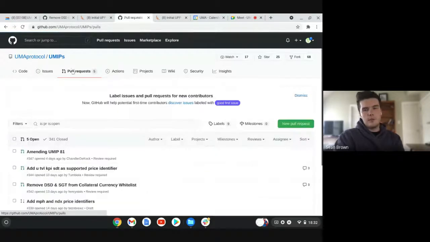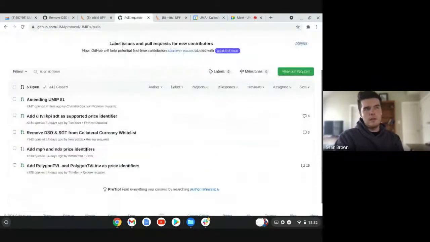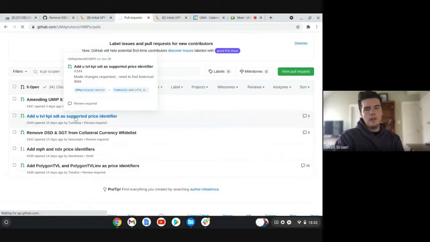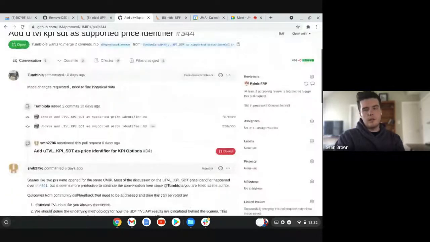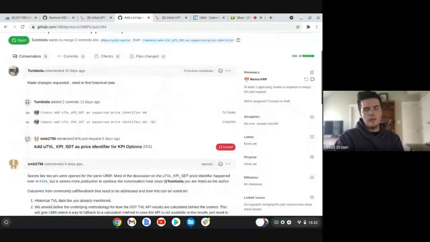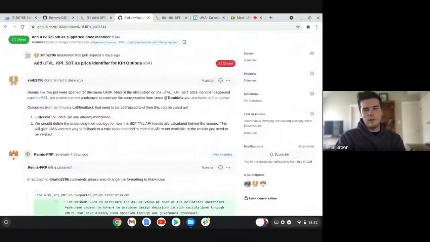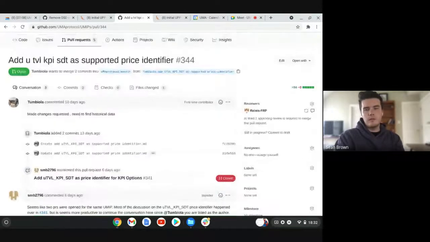And just to summarize last week's contingencies, it was pretty similar to the PolygonTVL one, right? We needed a historical price source, and we also needed some explanation around the methodology on how to calculate STT's TVL instead of just providing the price. I don't think either one of those has been addressed.